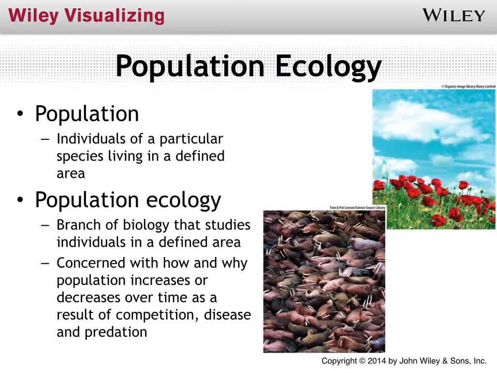And so whether we're studying plants or animals or humans, basically we're dealing with a branch of biology that studies populations of individuals. So it's still population ecology. And population ecologists are concerned with how and why populations change over time. And we know that things we've already spoken a little bit about, things like competition, disease, and predation affect populations.